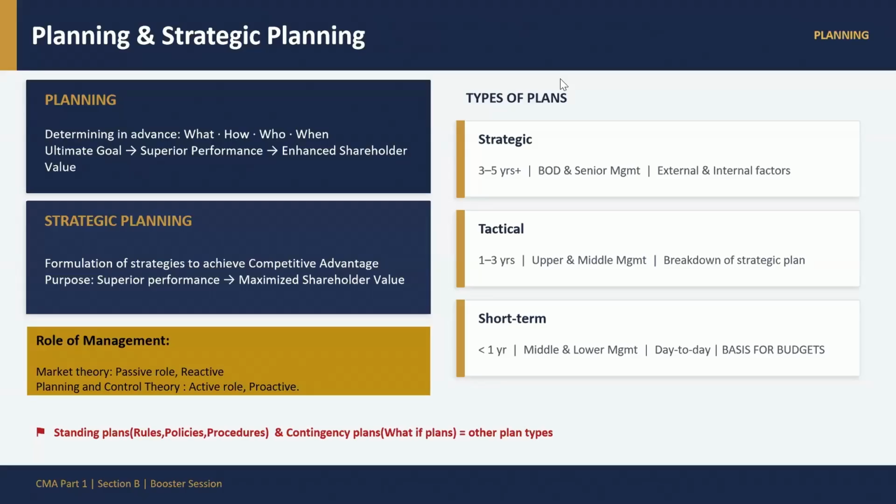And one more thing which you have to remember is strategic plans will always be directional in nature. That means they'll just show us the way, what we need to do, how we have to do it. There are no numbers involved in strategic planning. It just says us we need to achieve a level of profitability in 5 years or in 10 years. That's all. And the rest of the planning will take place in tactical and short term.